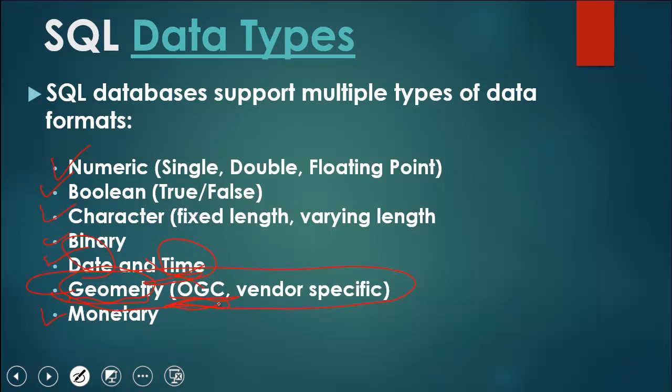And again, another beauty of this is an open format. There are also other vendor-specific formats that are stored. So, for instance, SQL Server and Oracle have their own formats. But what's also interesting is SQL Server and Oracle also support the Open Geospatial Consortium standard for spatial data objects.